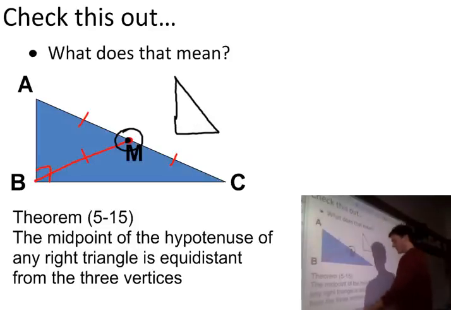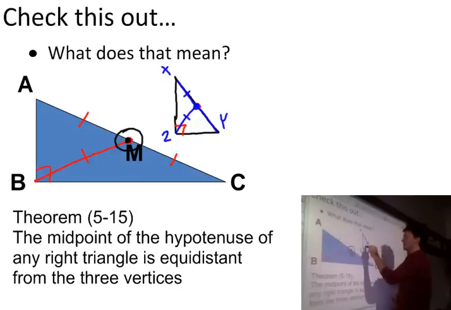So here's a right triangle. If I go to the midpoint of the hypotenuse, let's say right there, then that means I am equidistant from all vertices. This was triangle XYZ. I am at that midpoint, I am equidistant to all the vertices.